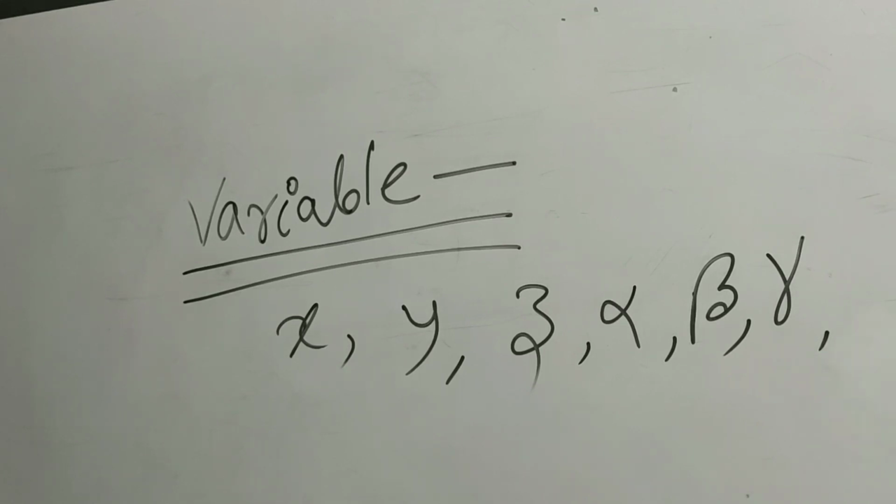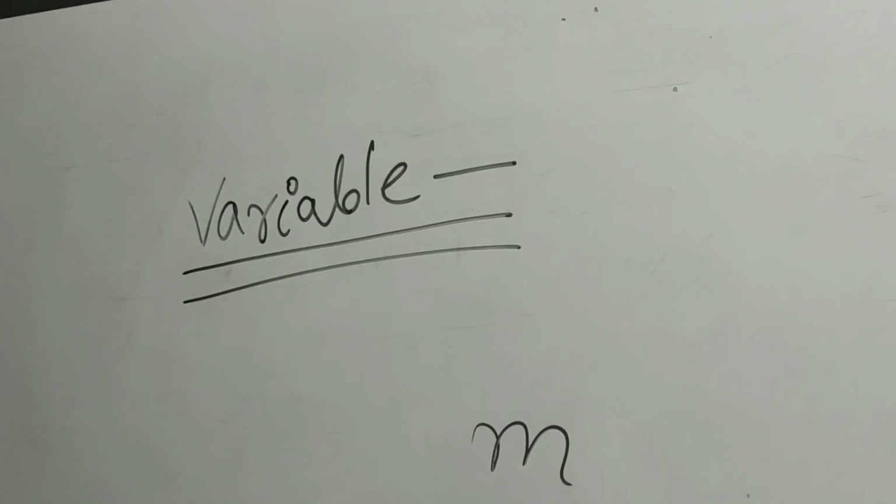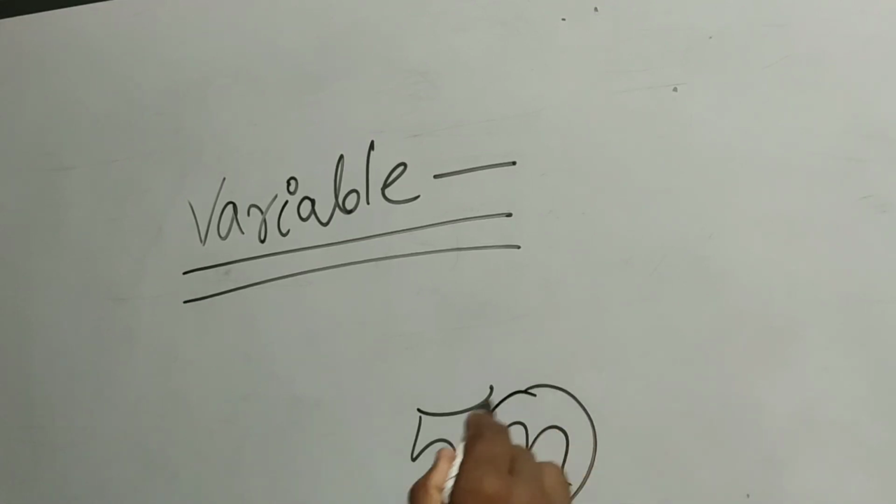Now, once again, I would like to take another variable. Suppose M. If I multiply it by a number, any number, 5, suppose this is the variable, then this number 5 is called the coefficient.